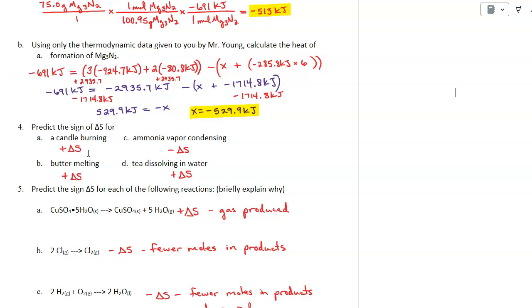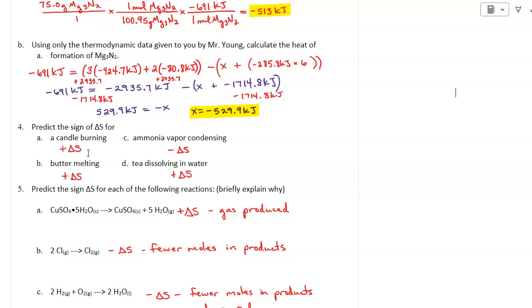So that's why I would expect that to increase entropy. Butter melting, of course, it's a solid to a liquid, so that's going to have more entropy. Ammonia vapor condensing, any gas going to a liquid should mean that we're becoming more ordered, less random, and therefore less entropy, so negative delta S.